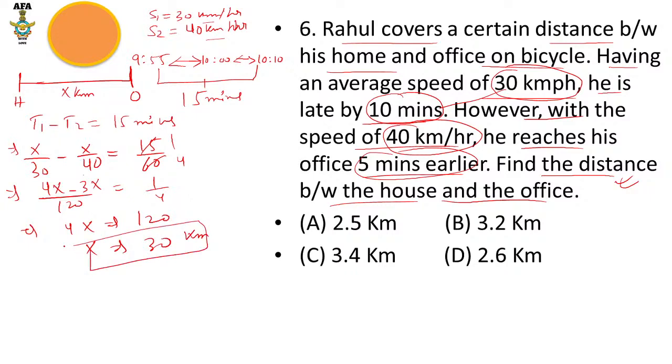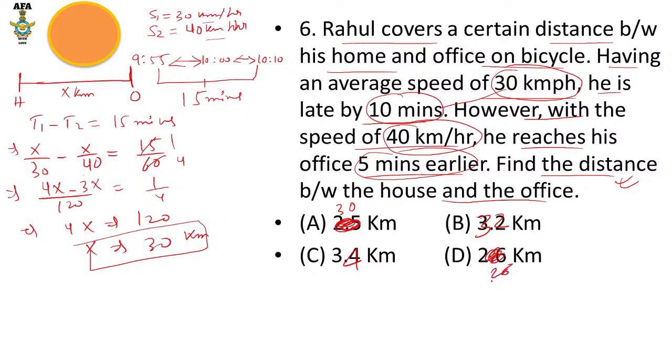The answer options are something wrong. There is some typing error in the answer options. So this will be, suppose, 25, this will be 34, this is 32, make this as 30, and make this as 26.